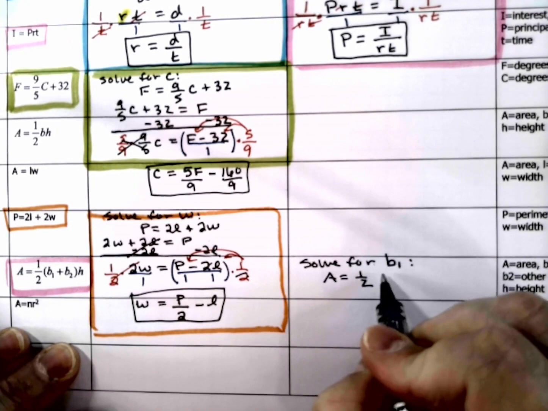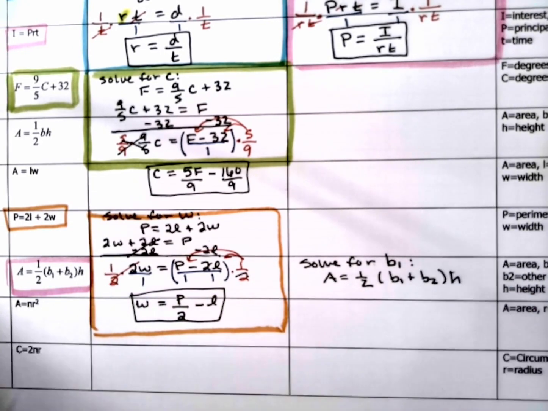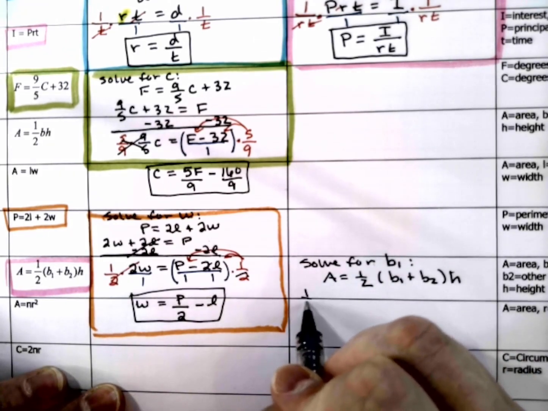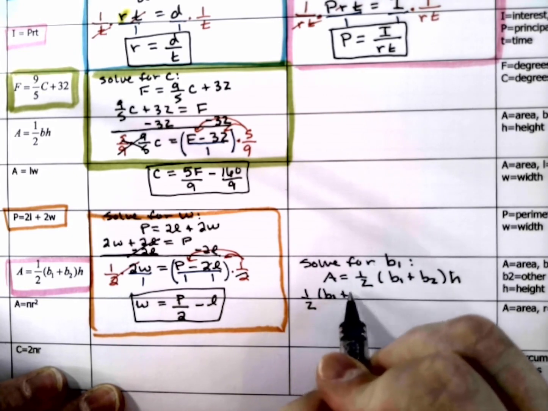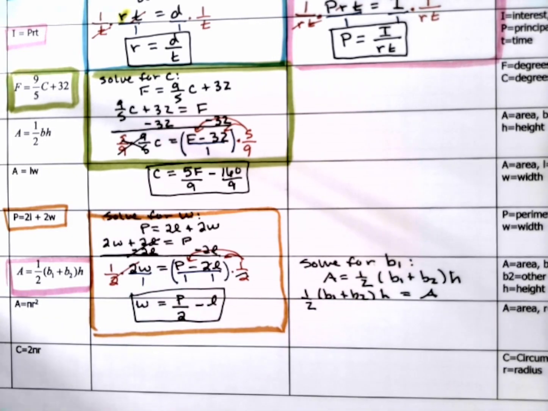A equals 1/2 times B sub 1 plus B sub 2 times H. Okay, so first thing you want to do is get the B sub 1 on the left quickly. So we're going to flip-flop the sides. So I've got 1/2 times B sub 1 plus B sub 2 times H equals A. All I did was flip-flop the sides.